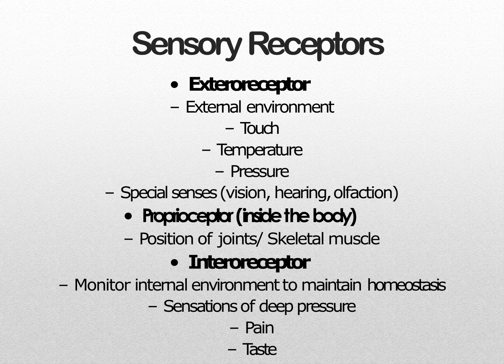We said that special senses were exteroceptors, but some of them are interoceptors as well. So we have two types for the special senses. It just depends what they are. Taste is an interoceptor, so these are maintaining the internal environment.